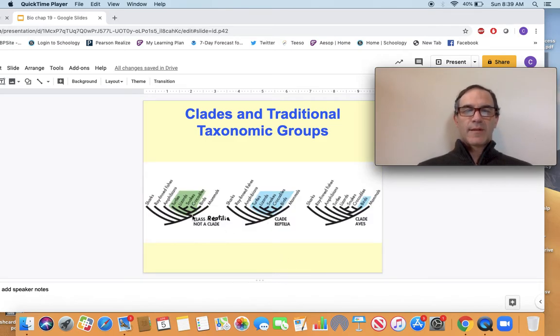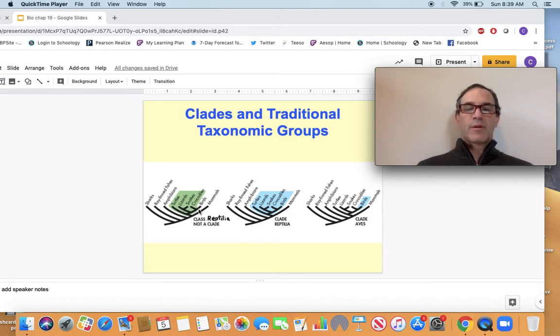I know this is a little small here, but over on the left here is Linnaeus's class Reptilia. Notice it includes turtles, lizards, snakes, and crocodiles. However, right here are the birds. And actually, if we look at this, birds are more closely related to crocodiles than crocodiles would be to something like lizards or turtles, right?